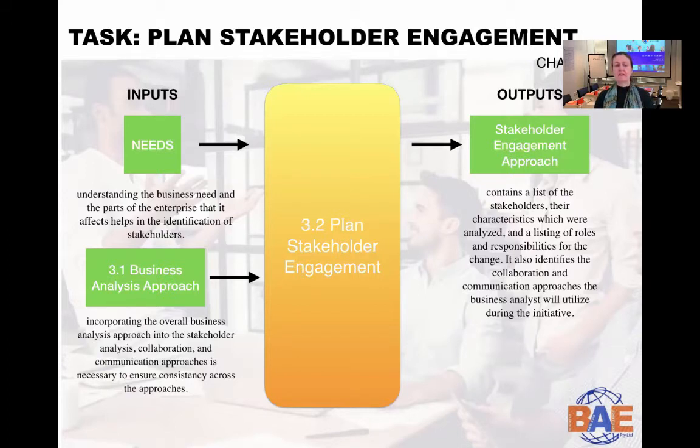And this is necessary to ensure consistency in our approaches. So if you imagine, and this is coming from an exam preparation perspective, you can see how, if you know generally what the approach will be for all the business analysis activities, like you know that there will be workshops across a series of departments, that is how we might be doing the elicitation. That will help guide you.